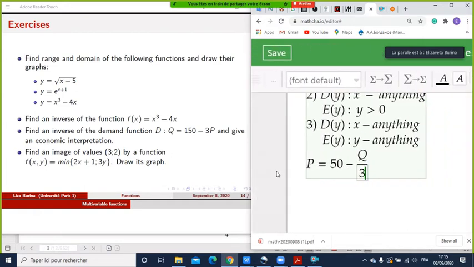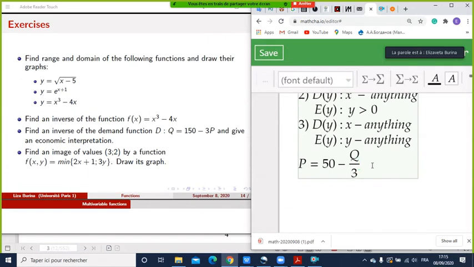Okay, perfect. So this is price in terms of quantity, and certainly sometimes it's much better to use this form of the function. So you see now quantity in terms of price is an inverse of price in terms of quantity. That's actually one of the inverses that you will use a lot.